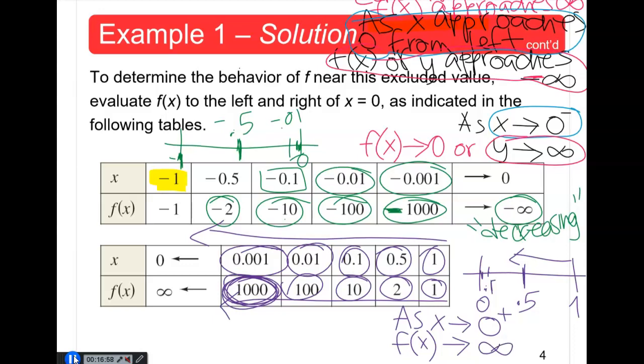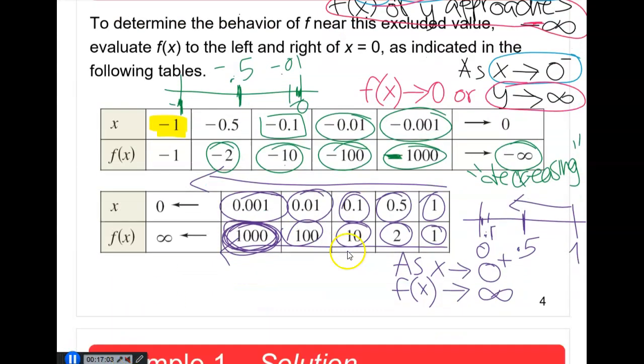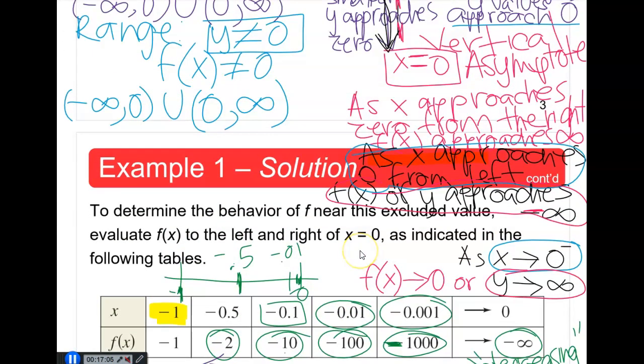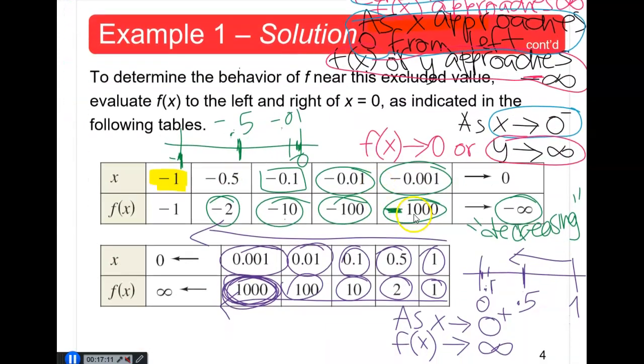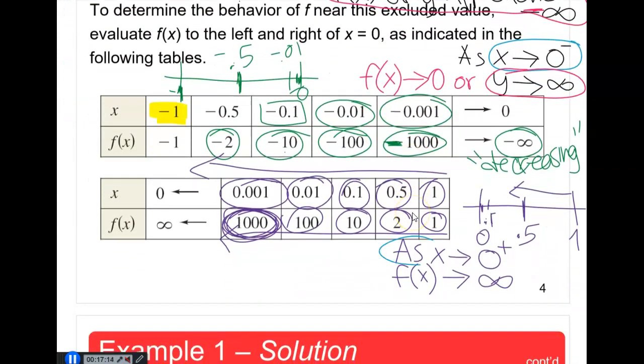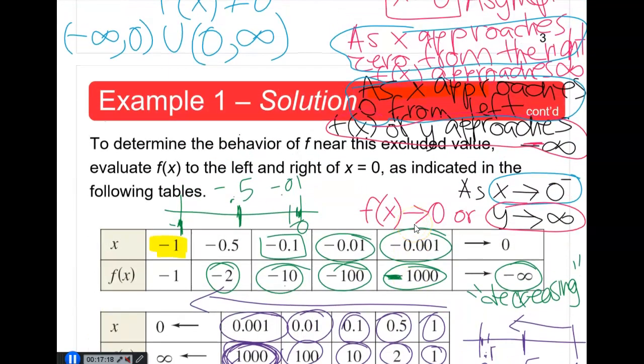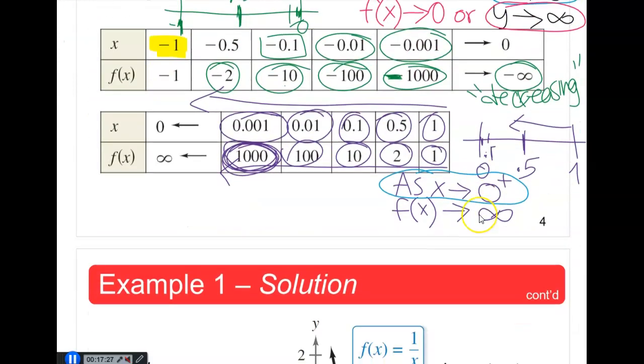And so that is the same thing that I wrote over here on the previous slide. So we had as x approaches 0 from the right, that will be this notation, as x approaches 0 from the right, and then we have f of x or y, whatever you want to call it, is approaching positive infinity. And so that will be this part right here.